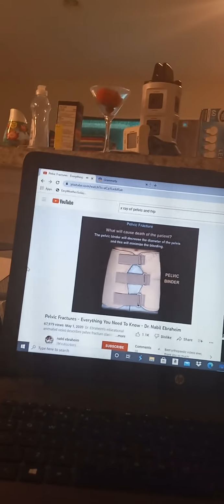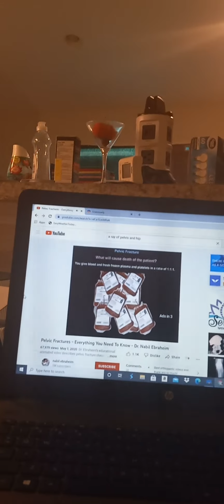The binder will decrease the diameter of the pelvis and minimize the bleeding. A fixation device to hold the pelvis together, give blood and fresh frozen plasma and platelets in a ratio of 1 to 1 to 1.